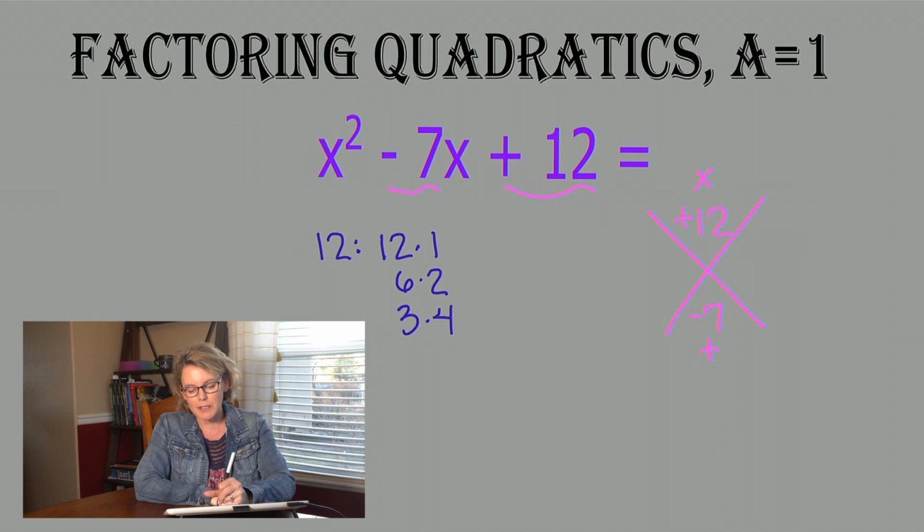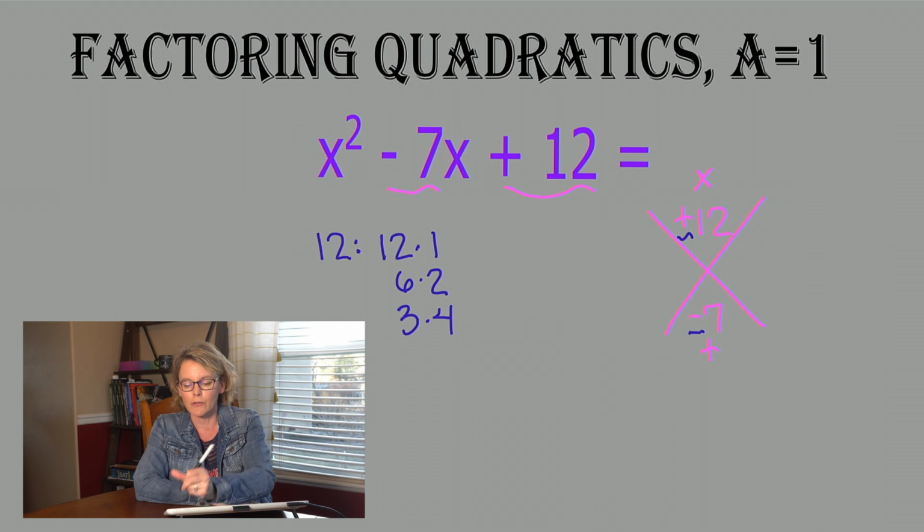Okay, the positive sign in front of the 12 tells me that both of the factors have to be the same sign, either positive or negative, since a negative times a negative equals a positive, and a positive times a positive equals a positive. Then, the negative 7 here is the indication that both of those factors are going to be negative, and they're going to have to add up to equal negative 7.